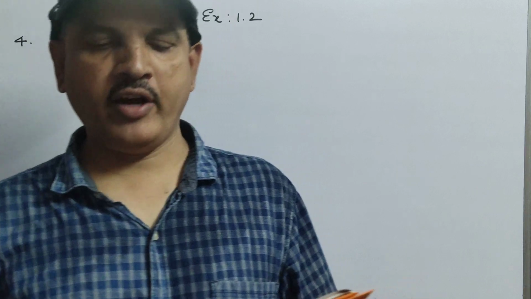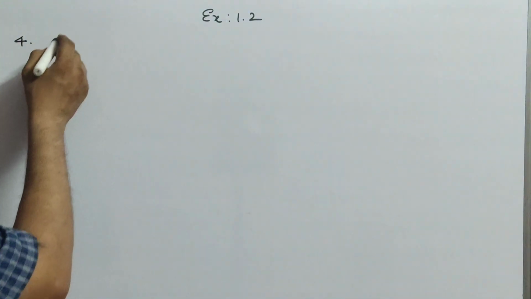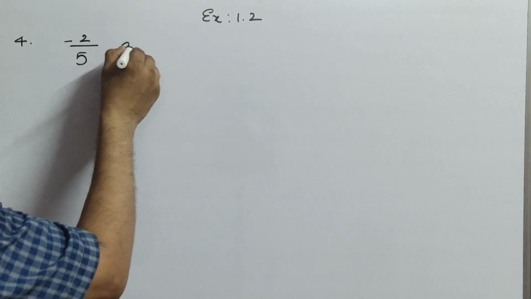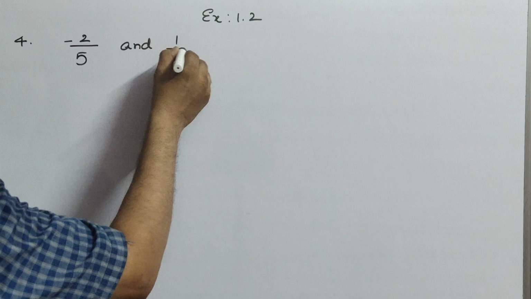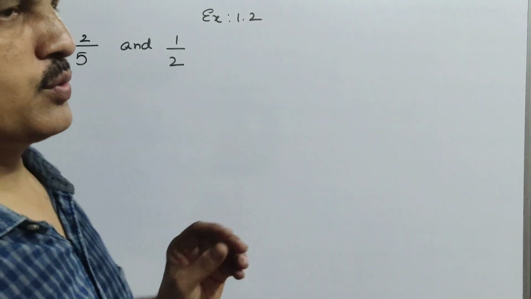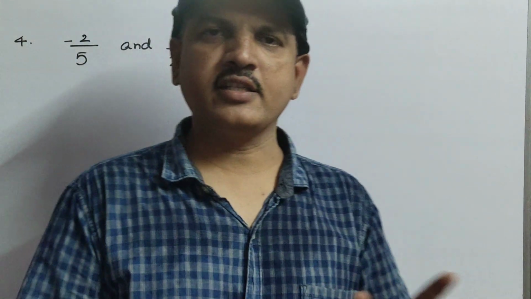How many rational numbers is it asking in between these two, minus 2 by 5 and 1 by 2? 10 rational numbers. Okay. Children, here I will tell you a small story. You will understand very easily.